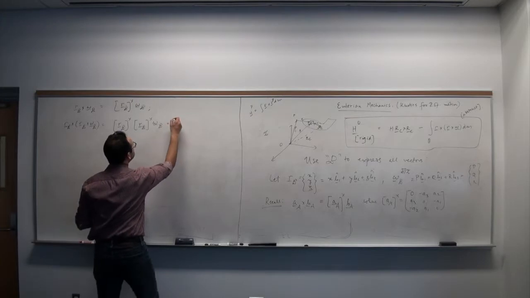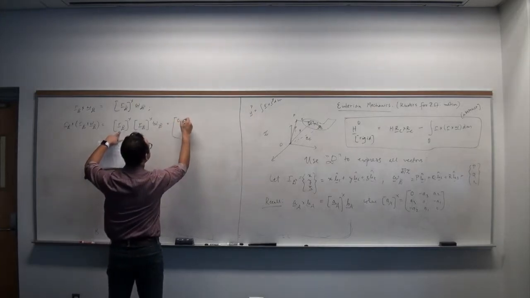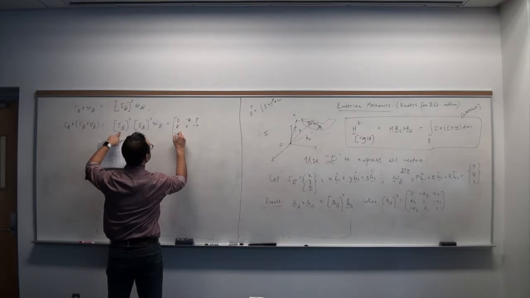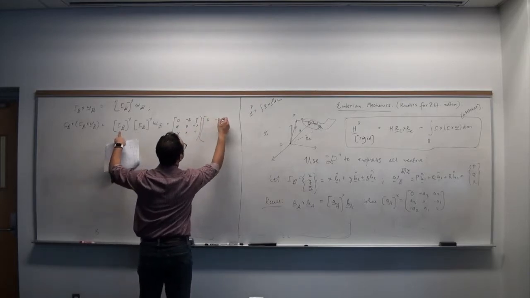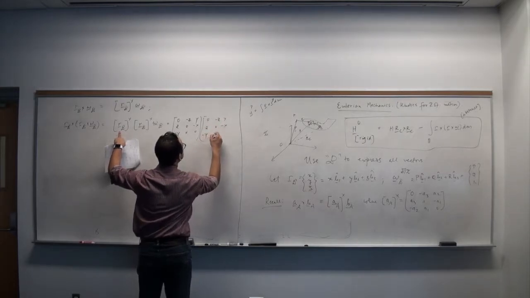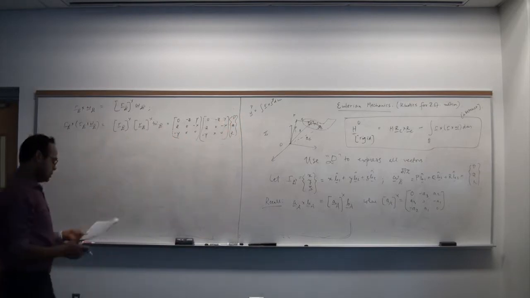This becomes equal to, using the components that we have defined, 0 minus Z, Y, Z 0 minus X, minus Y, X 0. The same. And then omega B, which is PQR. Right.